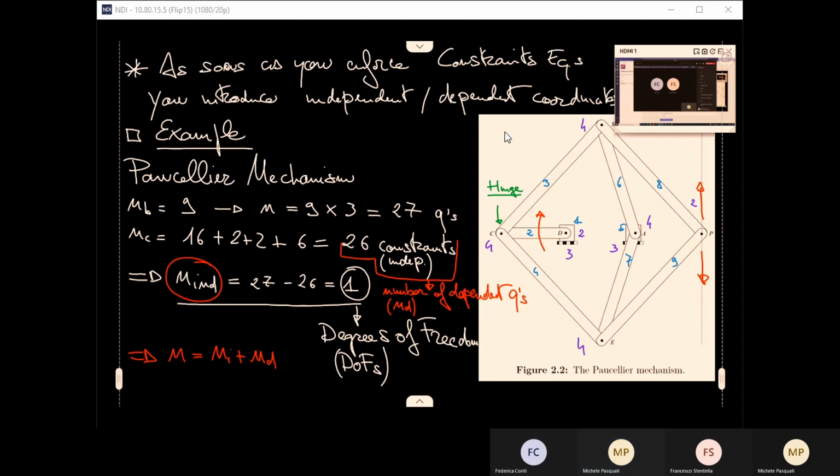You see, you can do a partition of the number of coordinates that you need to describe your system between independent and dependent ones. Okay? The partition of the queues.